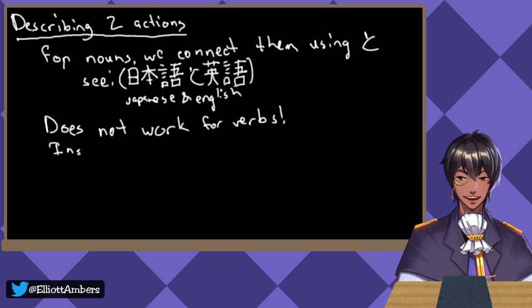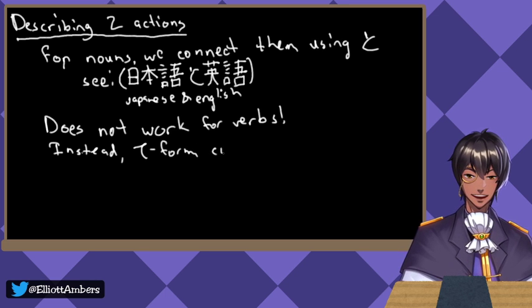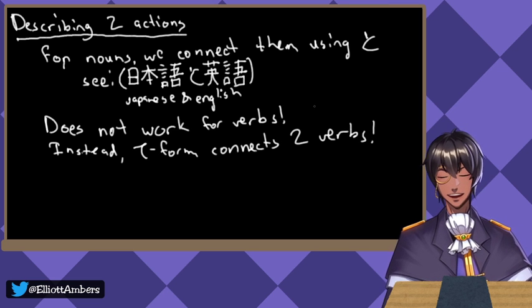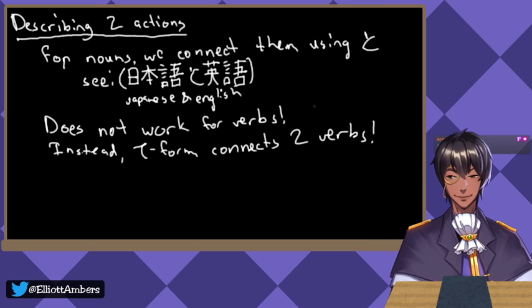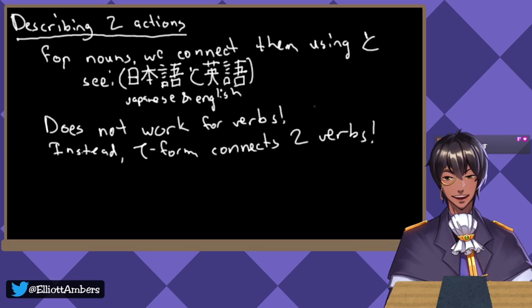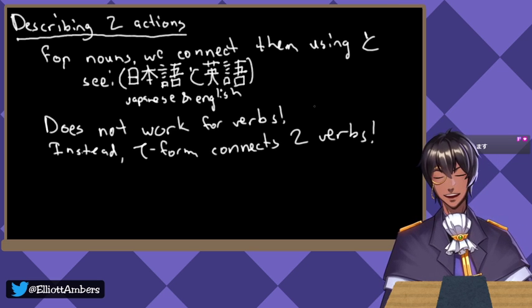Instead, te form connects two verbs. And we're going to just focus on two verbs for now. We're not going to focus on multiple verbs because, one step at a time. We don't want to go too overboard here. Ganbatte benkyou shimasu. Yeah. Do your best at studying.